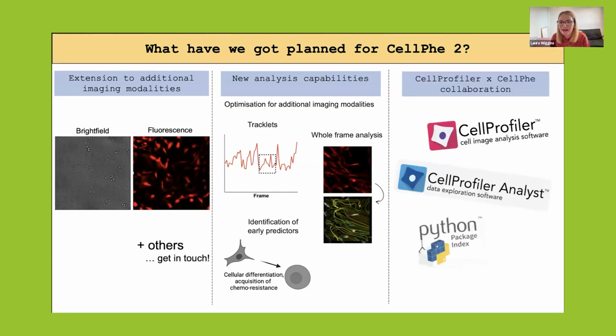And a really exciting thing that's coming with Selfie 2 is a CellProfiler and Selfie collaboration. What we're aiming to do here is to integrate Selfie into CellProfiler. So you'll be able to use CellProfiler workflows for your segmentation and tracking, and also all the neat feature extraction that they've got there. You'll then be able to go on to calculate all of the time series information from Selfie and perform all of the analysis from within CellProfiler and CellProfiler Analyst.